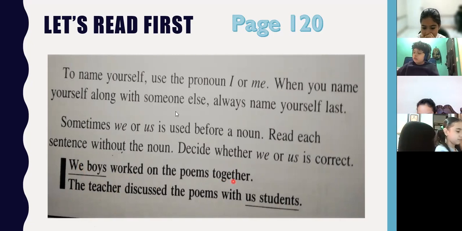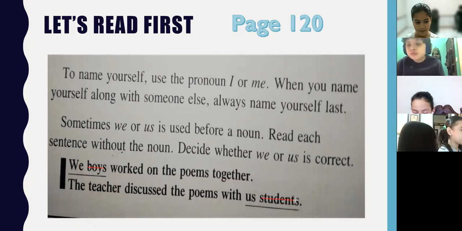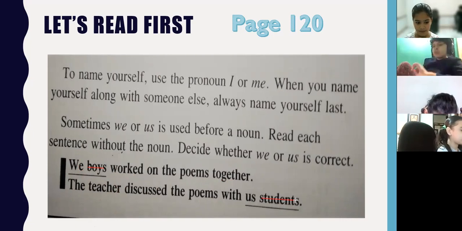We work on the poems together. It's correct, but we're talking about the boys. The teacher discussed the poems with us. It's talking about the students. Yes, instead of writing the students, we say us. So the teacher discussed the poems with us, or the teacher discussed the poems with the students.